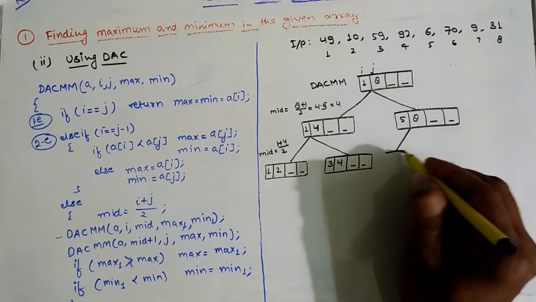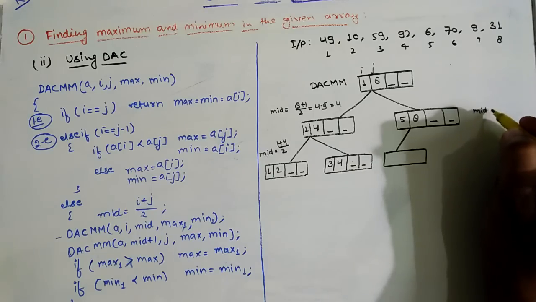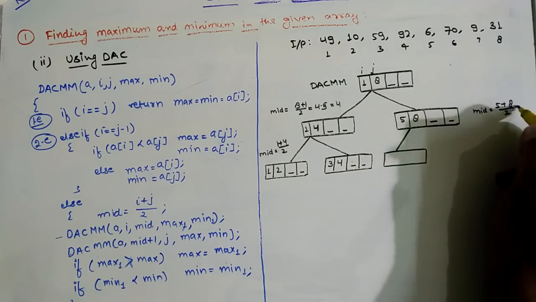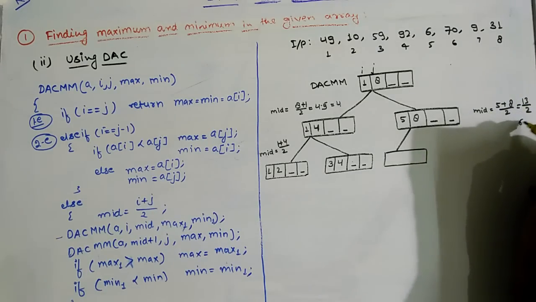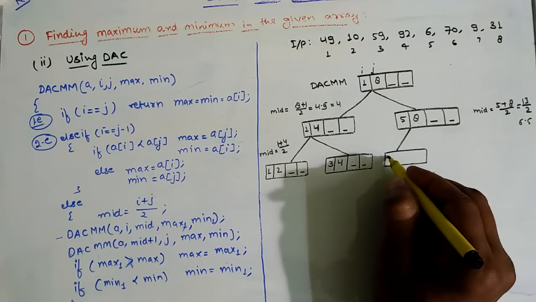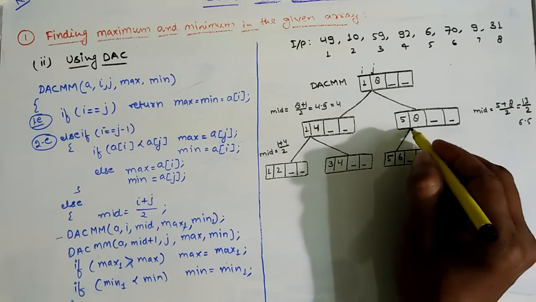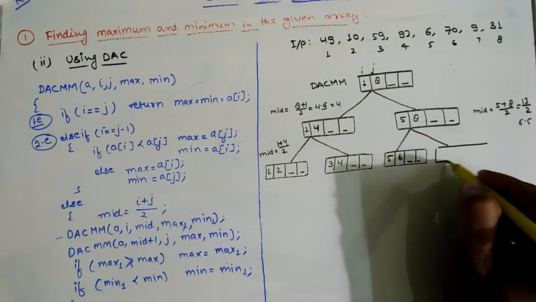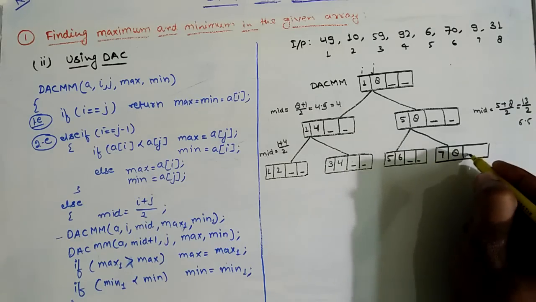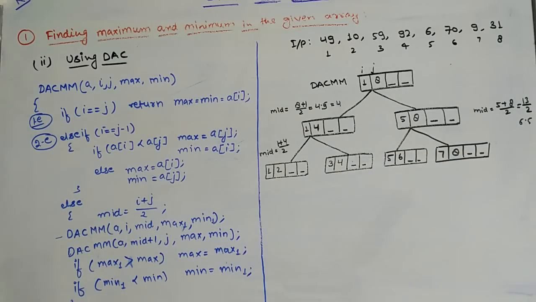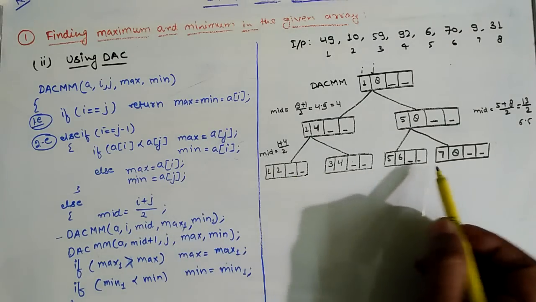I repeat the same steps here. The mid is equal to (5 plus 8) by 2, that means 13 by 2, that means 6.5, so 6 is considered as the mid. So 5 to 6 is one of the subproblems. Similarly, the second subproblem is from mid plus 1, 7 to 8, with 2 empty locations. Now here i is equal to j minus 1. It means this would be one of the subproblems.